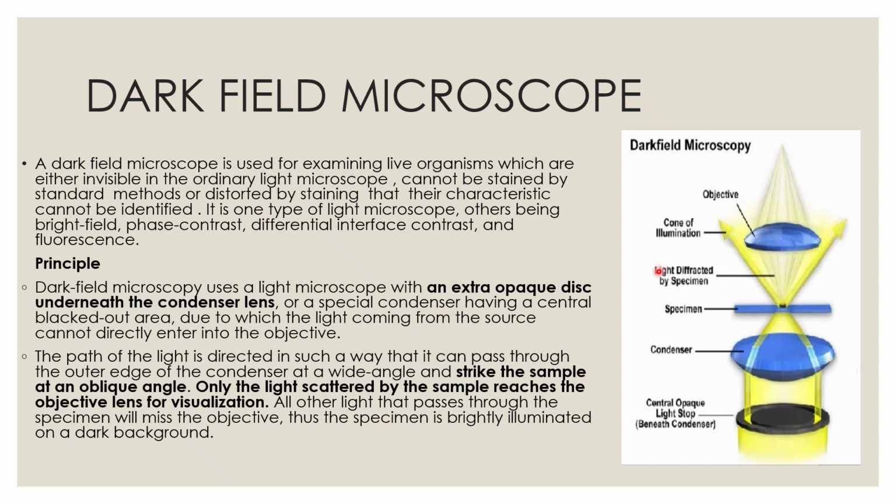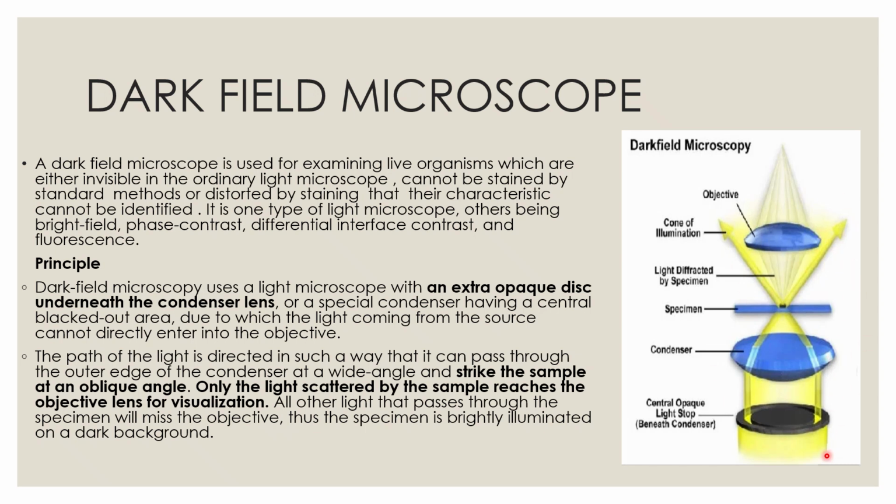This is a ray diagram of the dark field microscope. This actually works similar to a bright field microscope. I think in the previous video we studied in detail about the parts and the working principle of the bright field microscope, right? This also works in a similar manner.